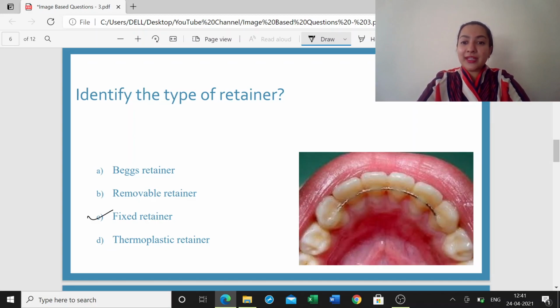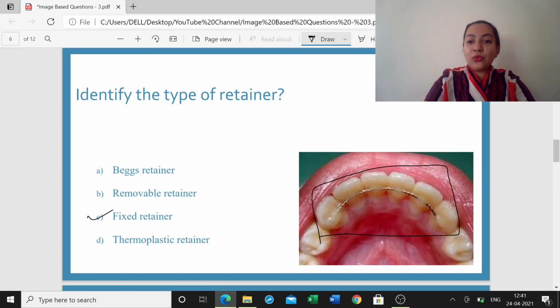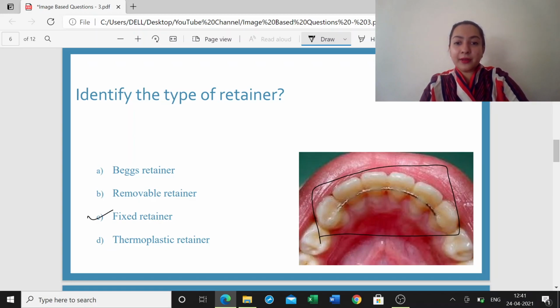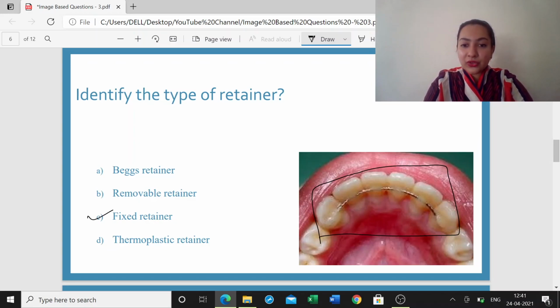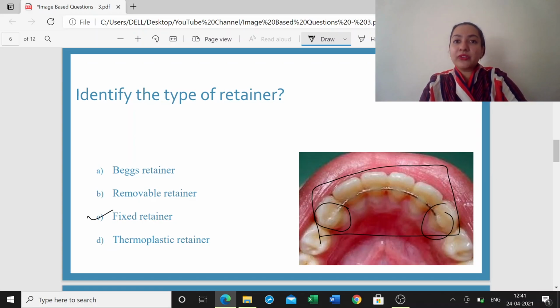Example of a fixed retainer is the retainer which is shown in the figure. Here they have shown a lower lingual retainer. So we take a wire, braid it, and then attach it onto the lingual surface of the tooth with the help of composite resin. So you can see how, with the help of composite resin, the lower lingual retainer is given. It is attached to the tooth surface. So what happens?